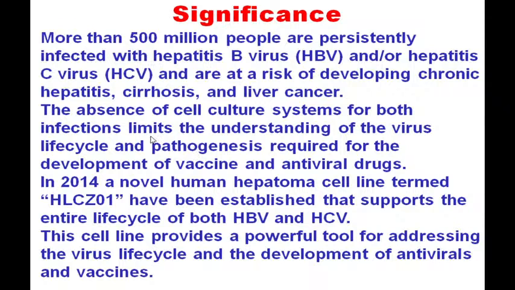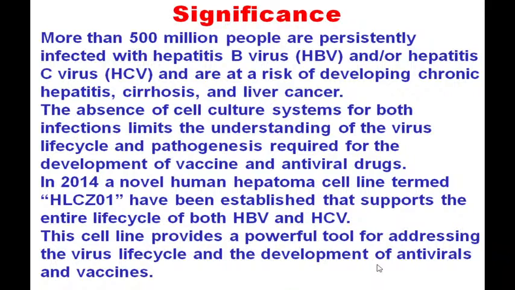Of course, we have had some progress. In 2014, novel human hepatoma cell lines were designed that support the entire life cycle of both hepatitis B and C viruses. This cell line provides a powerful tool for addressing the virus life cycle and the development of antivirals and vaccines.